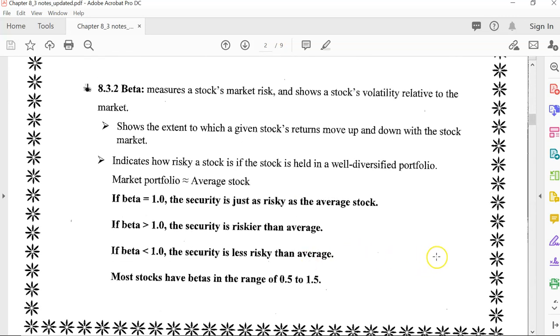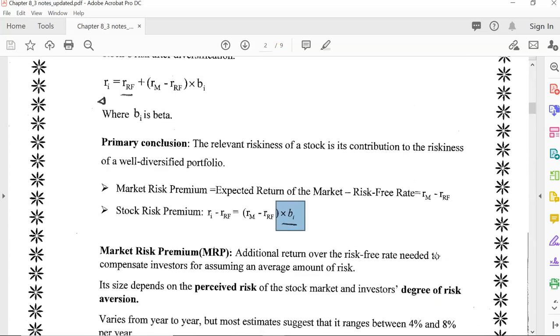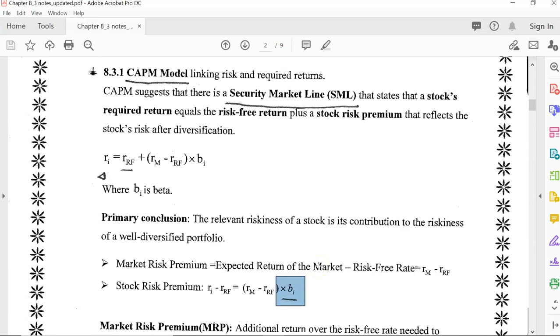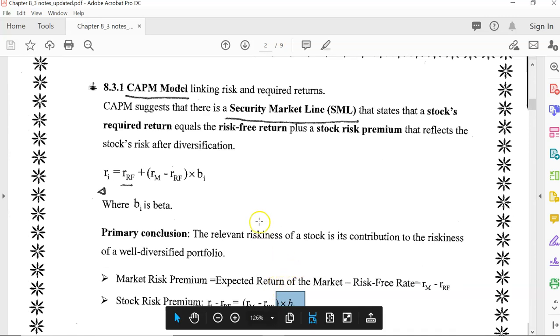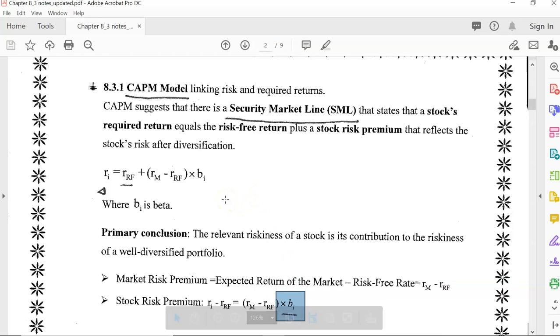So that's the stock risk premium and market risk premium. When we combine these two concepts, we have the CAPM model. The stock return RI equals the risk-free rate plus the stock risk premium, and the stock risk premium equals the market risk premium multiplied by beta.